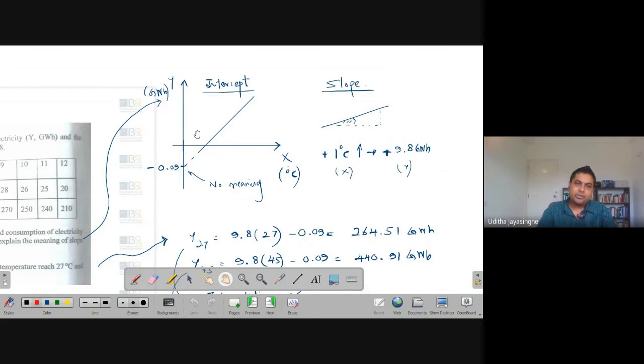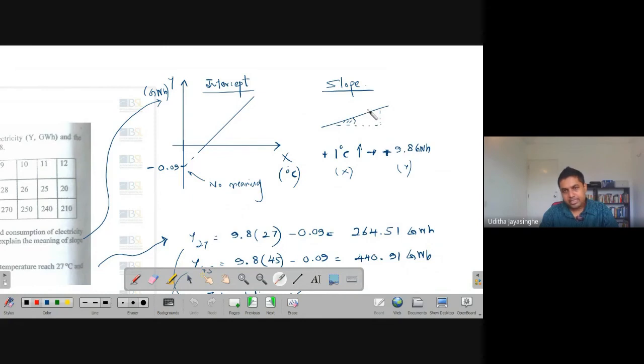So for the interpretation of the intercept, you can conclude that at 0 degrees Celsius, the electricity consumption is going to be negative 0.09, but again, it has no practical meaning. The slope, however, you can give a meaning.